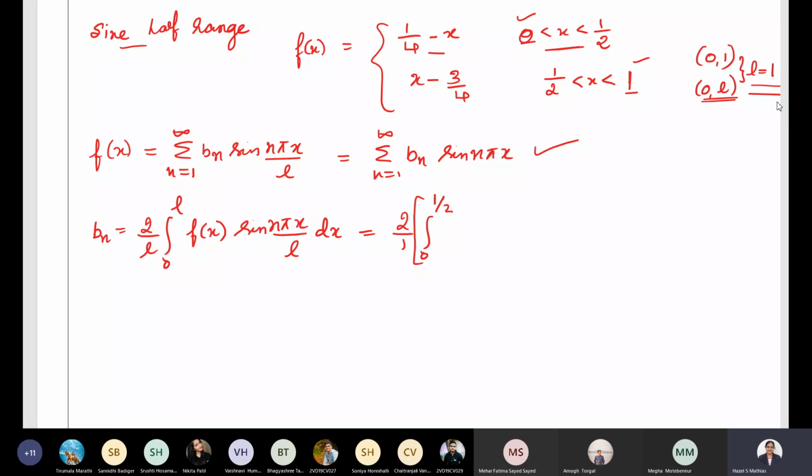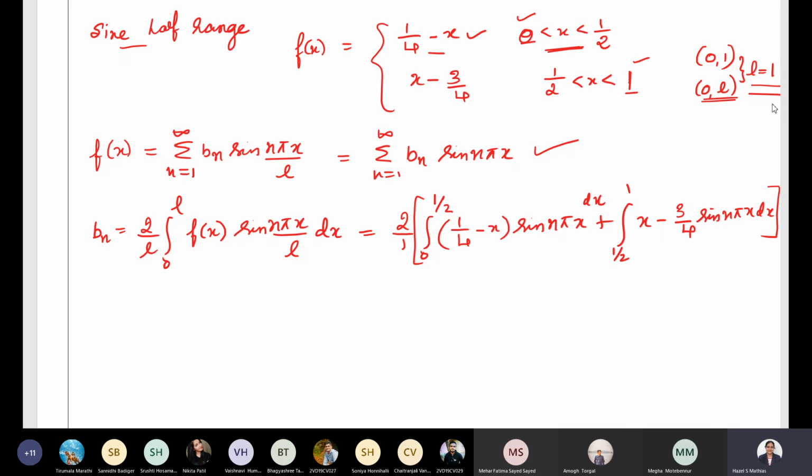When x lies between 0 to half, function is 1 by 4 minus x into sine n pi x, plus when it varies from half to 1, it is x minus 3 by 4 sine n pi x into dx. So this is the thing. We have from 0 to 1, so you split into two parts. Now let's evaluate this. What do we get on evaluating this?